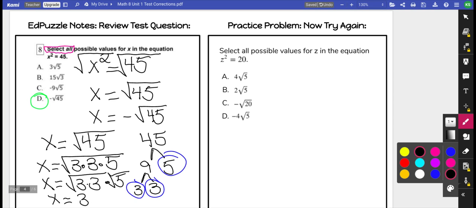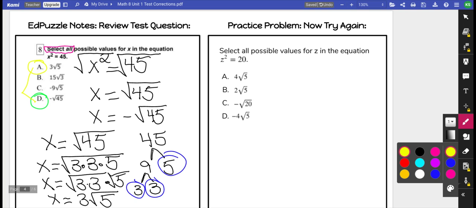So I'll have 3 the square root of 5. So let's see, is that one of my answers? It is. That would be my answer for A. So I don't know where my green color went, so I'm going to use the yellow. So A. So these are my 2 answers, A and D.